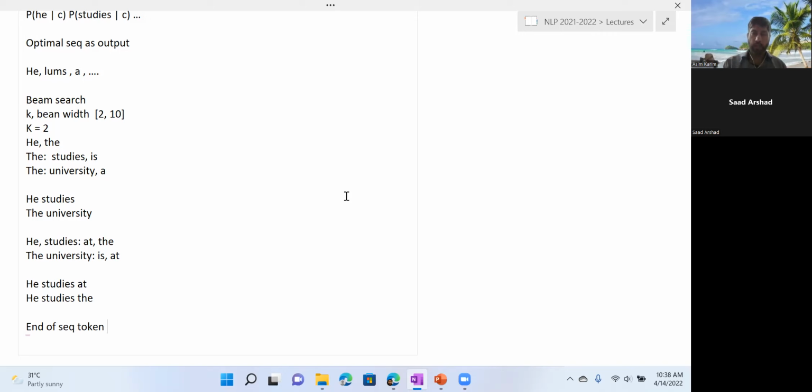And how are you determining that? You are generating the top two outputs at any particular point for each of those two options, and then selecting and filtering back to two. ठीक है. So at the end of the day, you will get k sequences or k options.